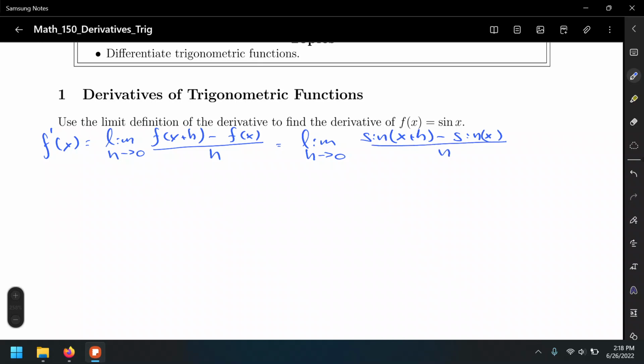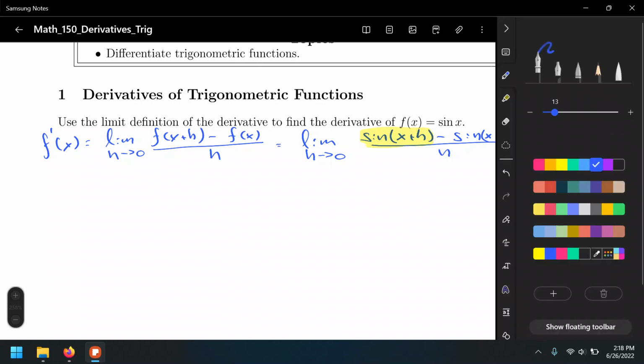From here we cannot factor anything or multiply by a conjugate, because that's really not going to lead us anywhere, like we did in the limit exercises in previous sections. So what we're going to do is simplify this sine of x plus h using a trigonometric identity that you should know from trigonometry.